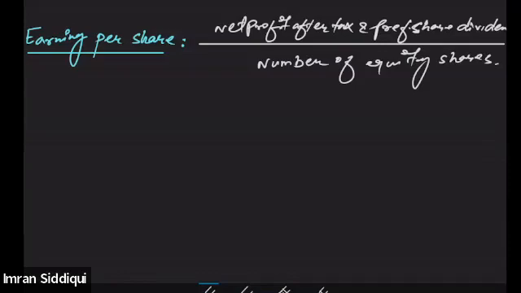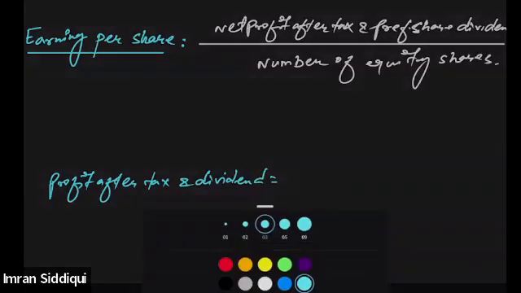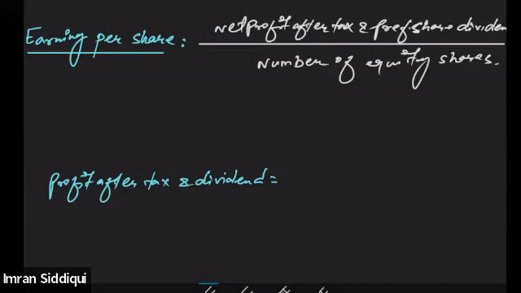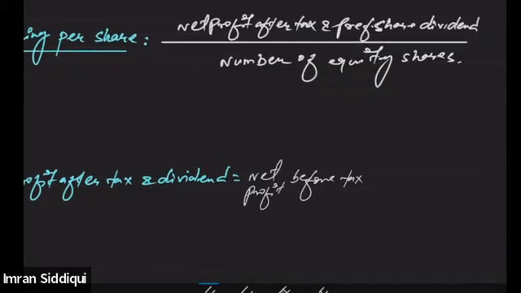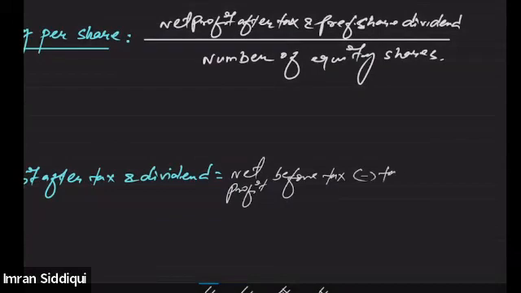So, profit after tax and preference dividend equals net profit before tax; we'll subtract the amount of tax and we'll subtract the preference dividend as well.